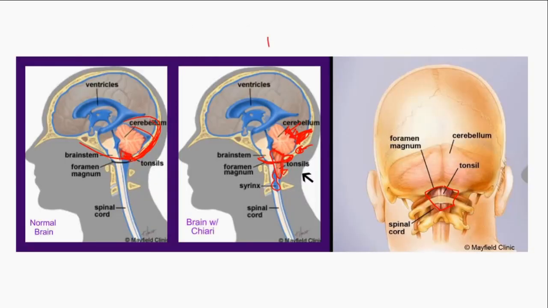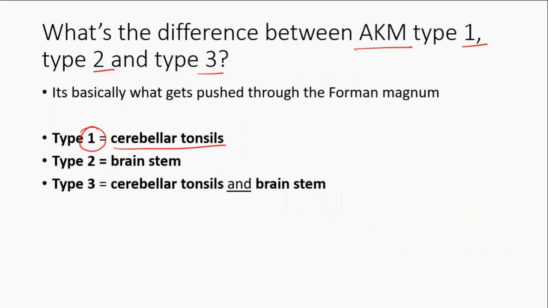So this would be a type 1 Arnold-Chiari malformation because it's only the tonsils of the cerebellum that are being pushed down. In type 2, it's only the brainstem that's being pushed down. And in type 3, which is severe and serious, both the cerebellar tonsils and the brainstem are being pushed down the foramen magnum.